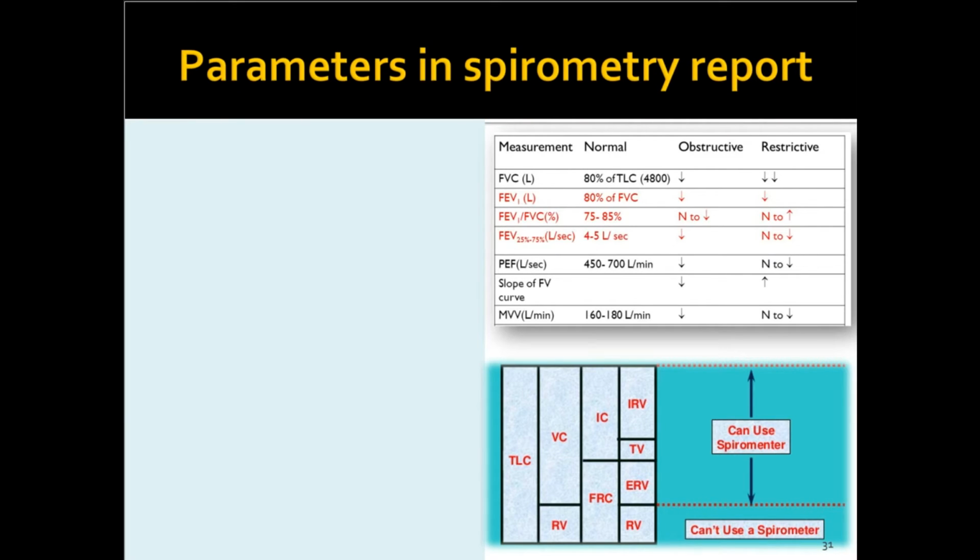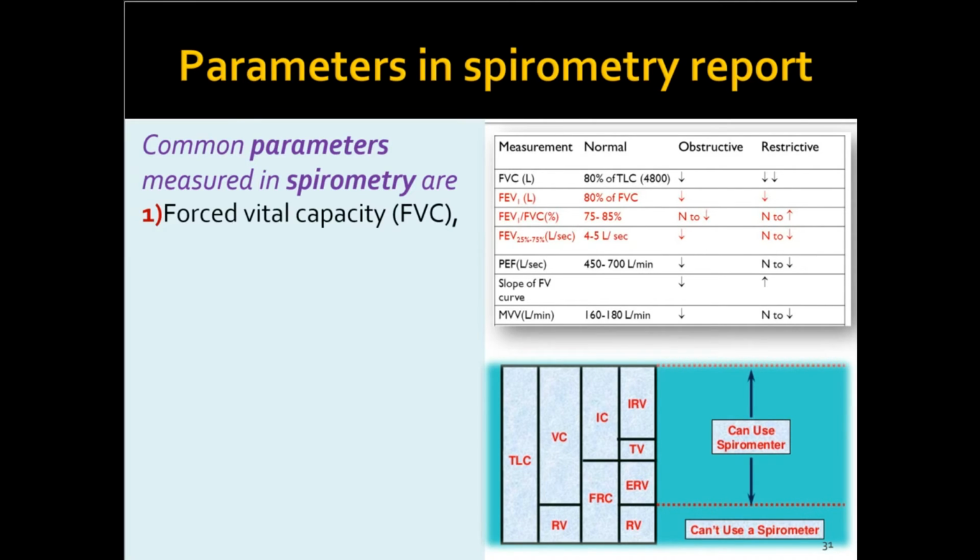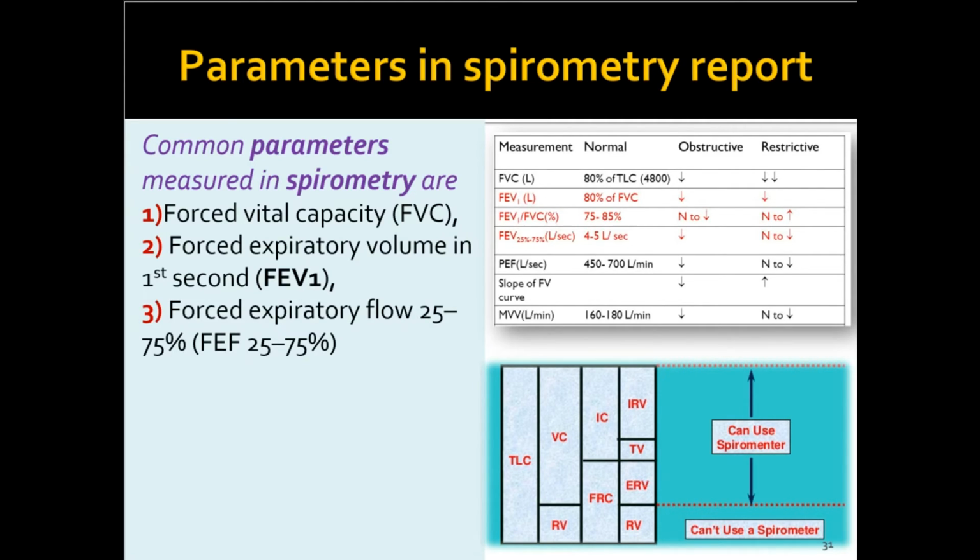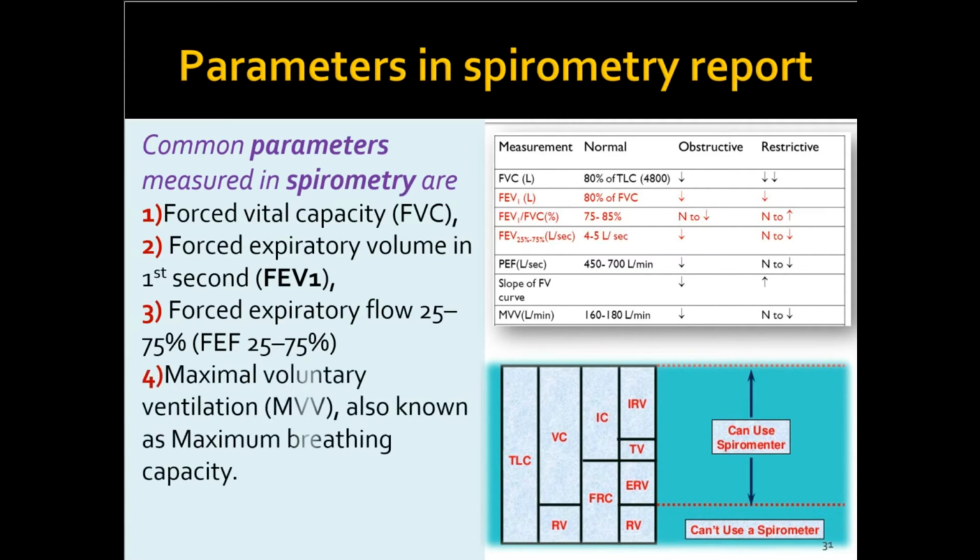Parameters in spirometry report. Common parameters measured in spirometry are: 1. Forced vital capacity, FVC. 2. Forced expiratory volume in the first second, FEV1. 3. Forced expiratory flow 25 to 75%, FEF 25 to 75%. 4.